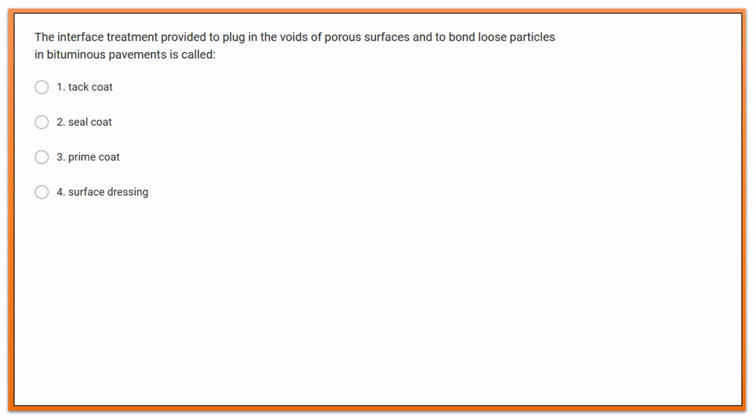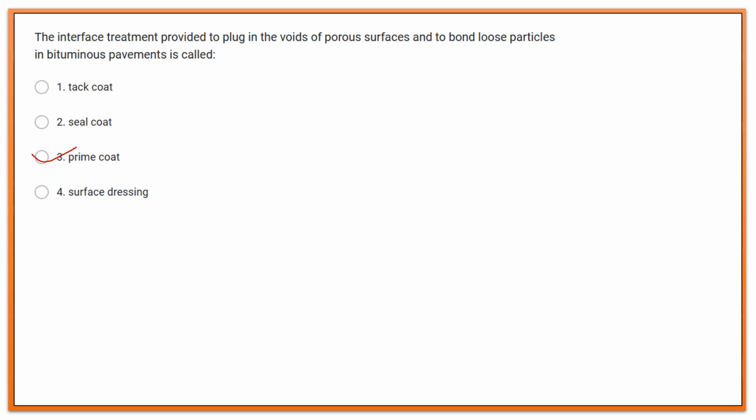So here the third option is correct, which is prime coat. Tack coat is provided for proper binding between two layers of binder coats, and that tack coat is a thin coat. Then seal coat is also a thin surface treatment which is used to provide a waterproof surface and a skid resistant surface.